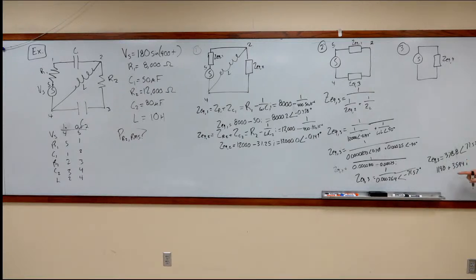That's just 3788 cosine 71.57 degrees and 3788 sine 71.57 degrees, and you multiply that one times I.